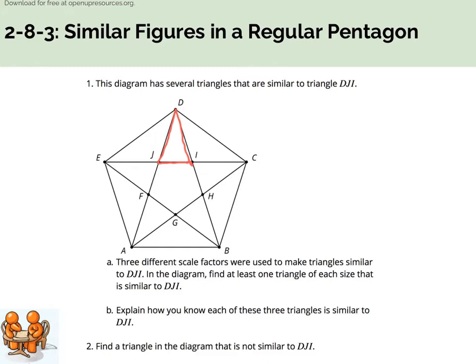So what I'm going to do is check and see if triangle DJI is similar to this bigger triangle here, triangle DAB. So I'm asking, is triangle DJI similar to triangle DAB?